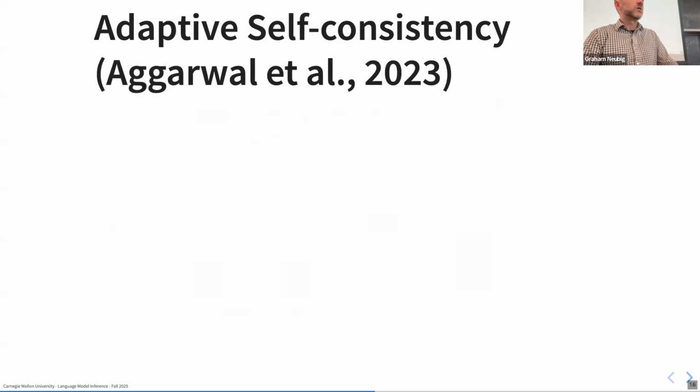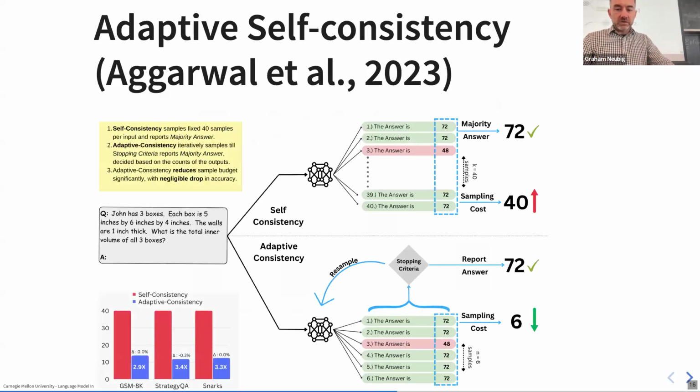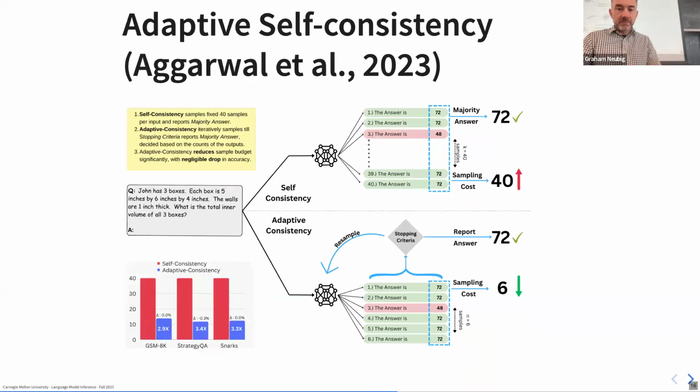So there are better ways to do this. This is actually a paper by Pranjal Agarwal, who's a PhD student in LTI, called Adaptive Self-Consistency. Basically, the way it works is you start by sampling a smaller number of samples. And once you've sampled enough that you're pretty confident in the final result, you stop sampling.